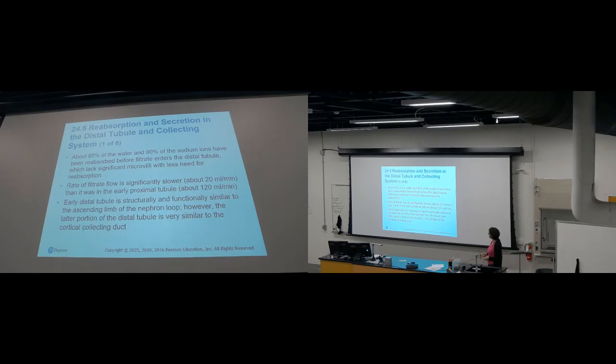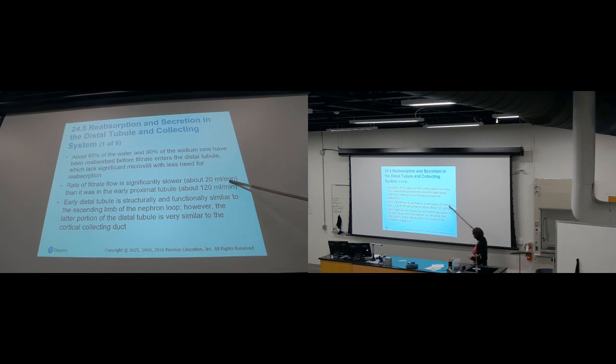And then the rate of filtration is going to be slower. So instead of having a high filtration rate, in here you have about 20 milliliters of filtrate being processed versus the proximal convoluted tubule, which has 120 milliliters per minute.